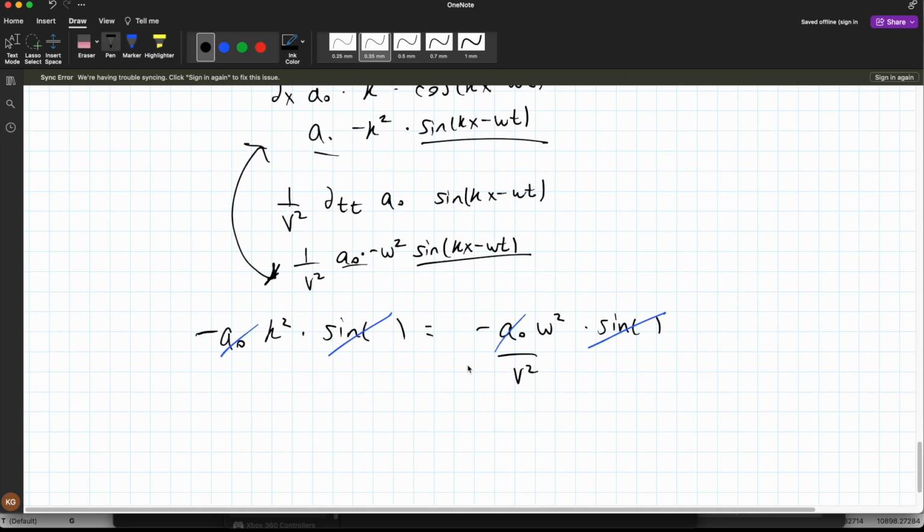So these equations are true so long as k squared is equal to omega squared over v squared, and then these minus signs cancel. So okay, that seems okay. Great. So long as this k parameter and this omega parameter and v squared all kind of match up nicely, we're good to go.